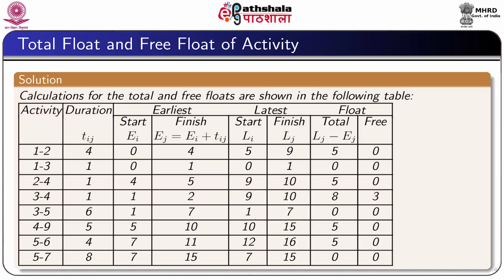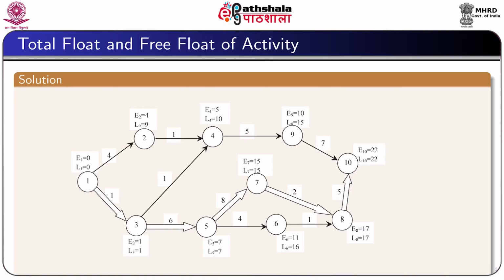And to calculate the free float, we have to check the network diagram again. To determine the free float of the activity 3,4, the activity time is 1 and its predecessor activity time is also 1, whereas the occurrence time of the event E4 equals 5.